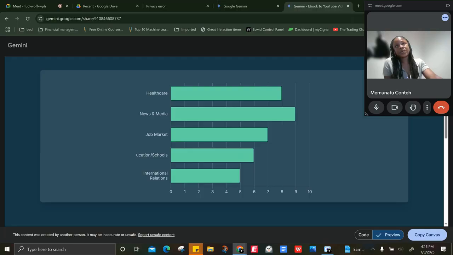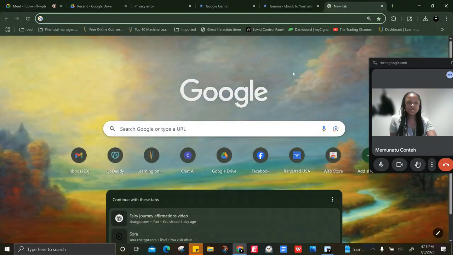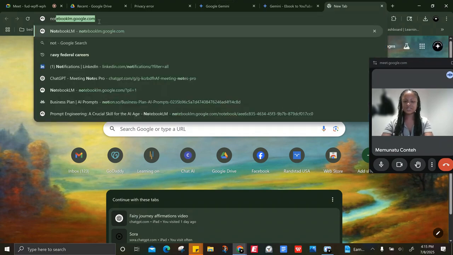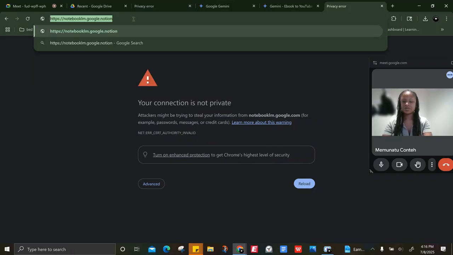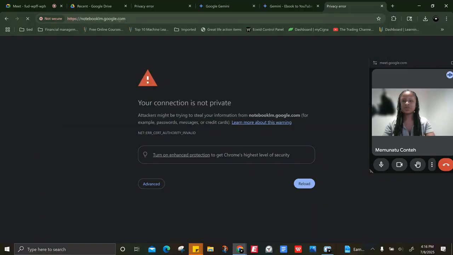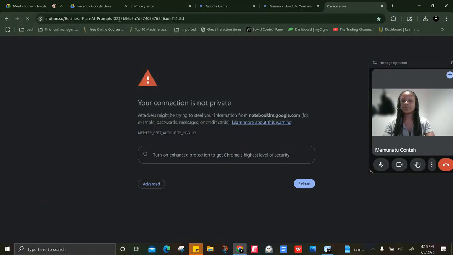Let me see which country has heavy AI regulations. I don't know if it's the EU or England. I want to say it's the EU. Let me see, NotebookLM. Oh, I can't even check NotebookLM here at the library. Or Notion.